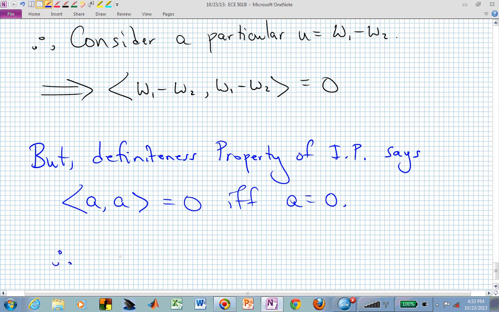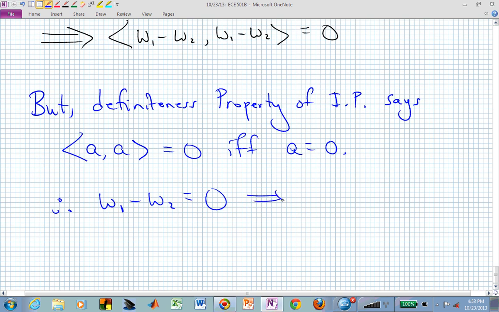Which says then that W1 minus W2, which is our A, is 0, which says that W1 is equal to W2. And now, not only does W exist, it's also unique.